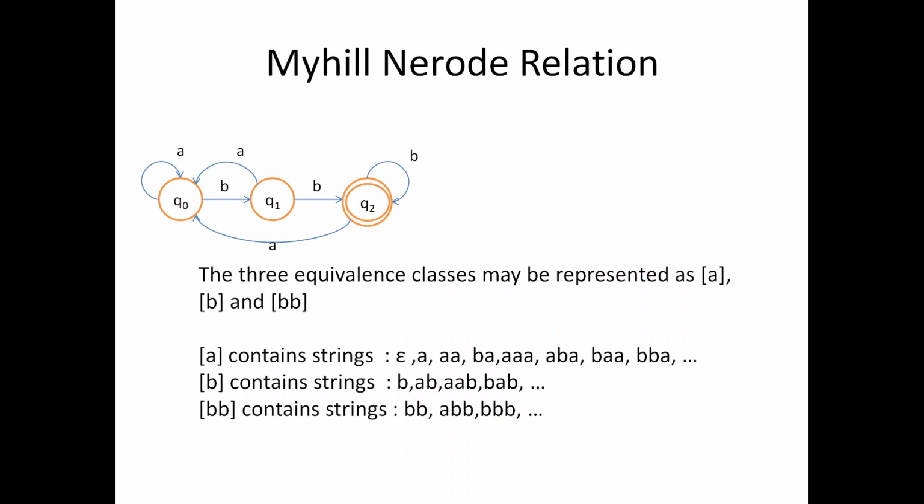So Q1 signifies that for the substring read so far, the last symbol is B, which could be part of the last two symbols being BB.